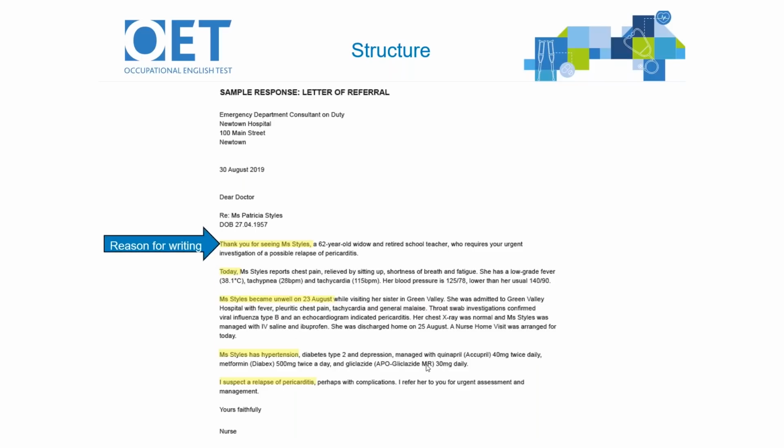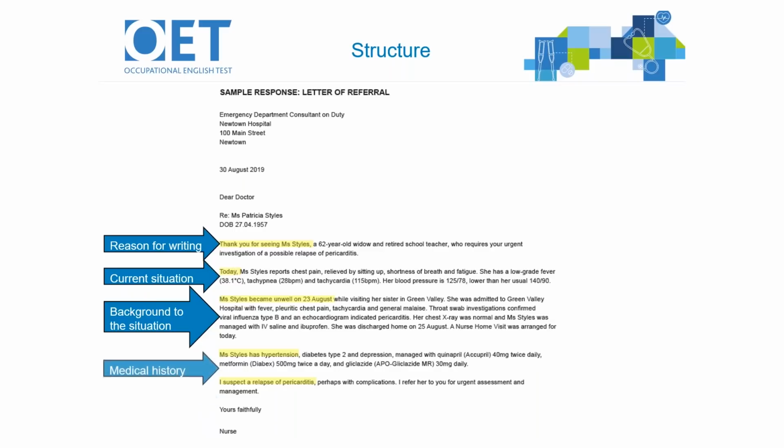So after explaining and introducing the reason for writing, they focused on today because this is a letter to the emergency department. Then they've provided the history to the situation and the medical history of the patient. And finally, they've provided the next steps.